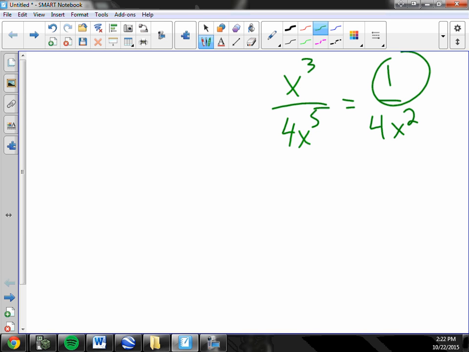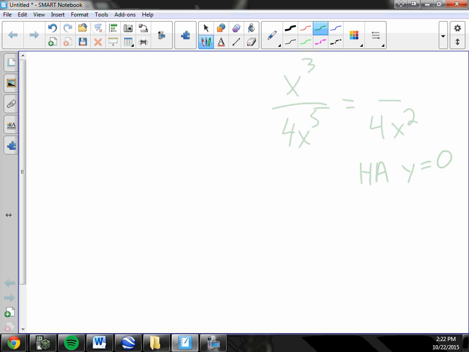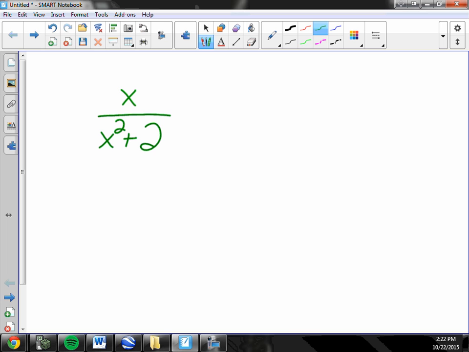Okay, so we're going to look at 3 or 4 different versions of this. But notice, if the degree of the bottom is bigger than the degree of the top, when you divide out the x's, you're going to have no variation in the top, and your horizontal asymptote, HA is what we call it, is y equals 0. Now, that's true even if it doesn't cancel. For instance, x over x squared plus 2.